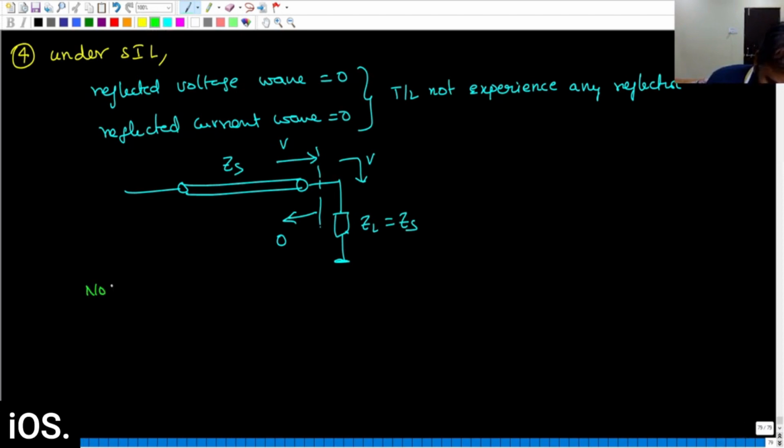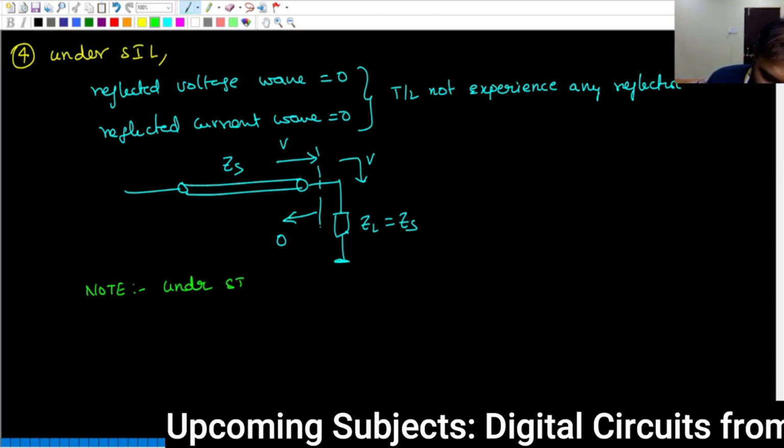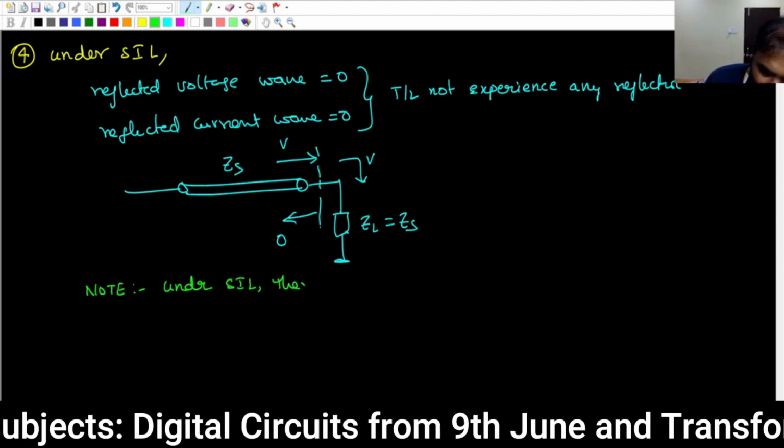So under surge impedance loading, there is no reflection along the line.